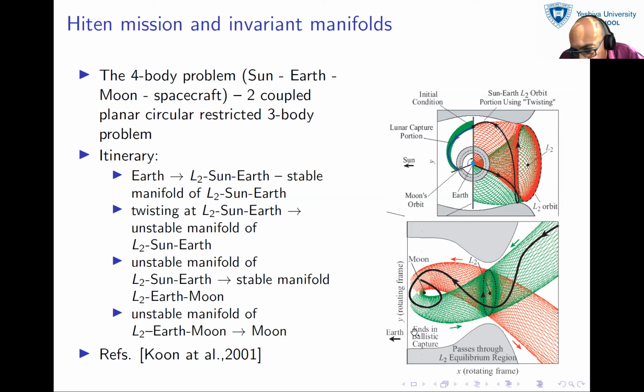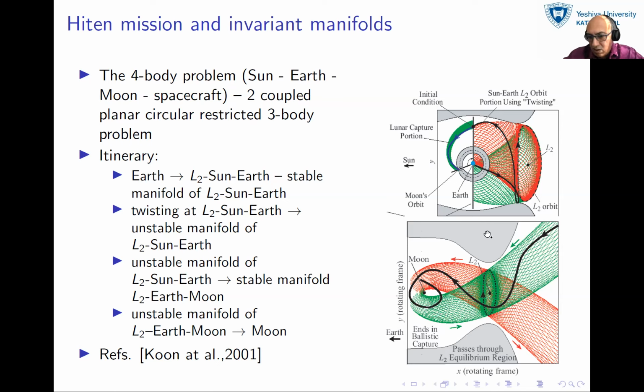And now the picture is tiny, so we magnify it and we look at the details, what happens around here. So you come like this, and in the picture at the bottom, it means that you come like that. So you go towards the L2 of the Earth-Moon system. You go towards the Moon. So this is where you can stop.